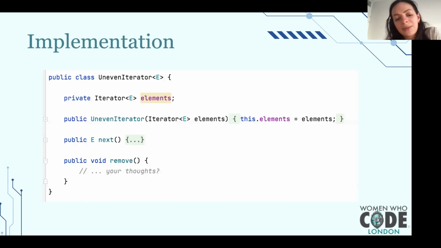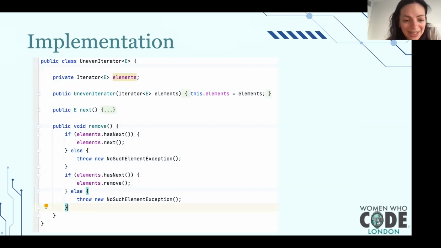But in this case, we will remove just the same as the iterator remove. Well, actually, there are no pitfalls, and it can be the same as the next method.